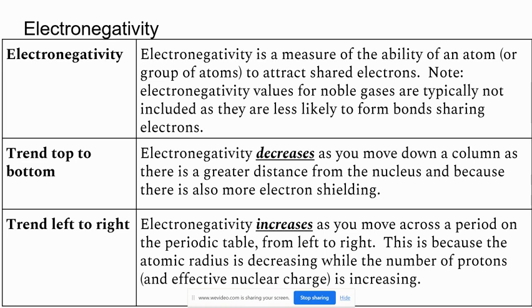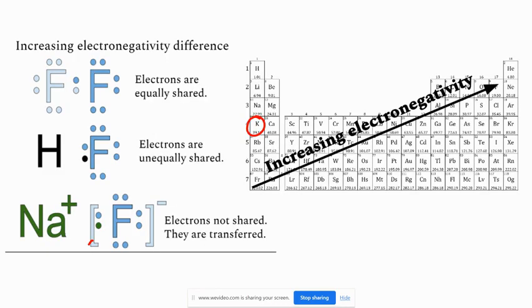It's the ability of an atom to attract electrons. So are they going to want to attract electrons? The metals, no, they want to get rid of them. So they have very low electronegativity. So nonmetals will have high electronegativity. Metals will have low electronegativity.